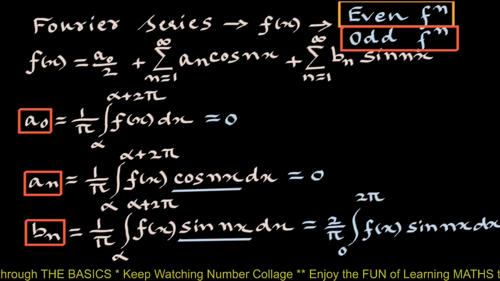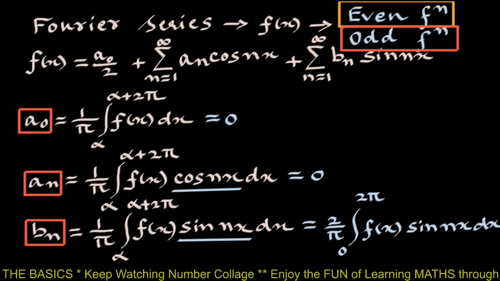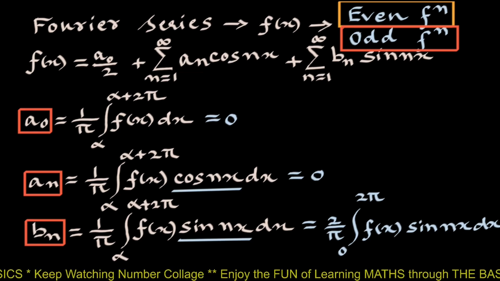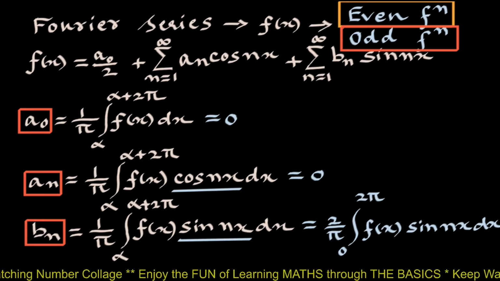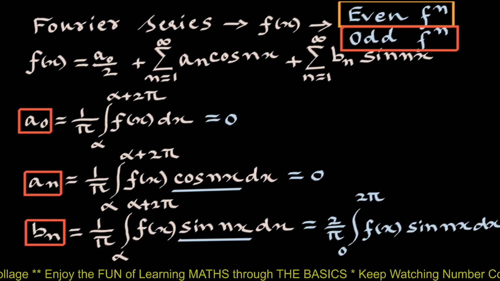So it is clear, in case of f(x) being odd, there will be only sine terms in the Fourier series and no cosine terms and no a0.